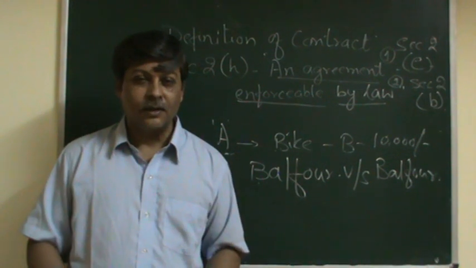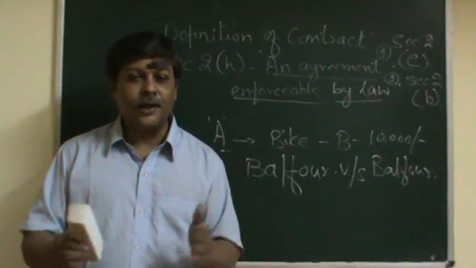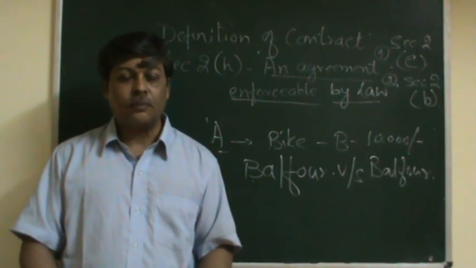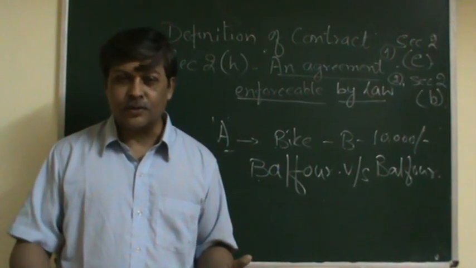It is a case because both the parties had intended to enter into a legally binding relationship. They are ready to undergo the legal obligation, and based on that they had applied for the separation and the divorce.